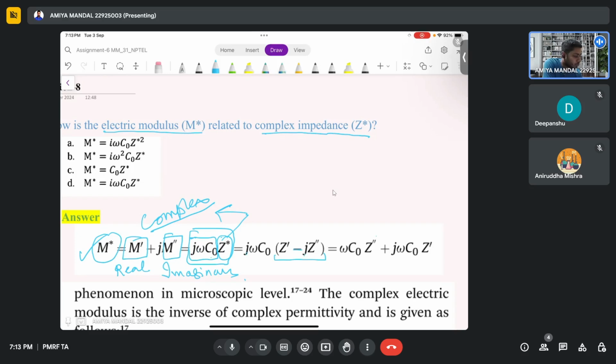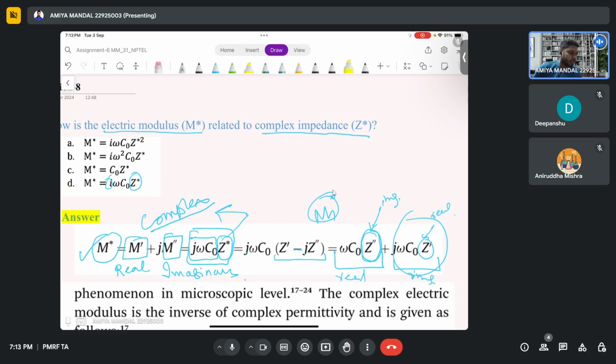So omega C naught into Z double dash gives the real part, and the other total gives the imaginary part. So the imaginary part of Z gives you the real part of M star, and the real part of Z gives you the imaginary part of M double dash, because of this multiplication of the j factor.